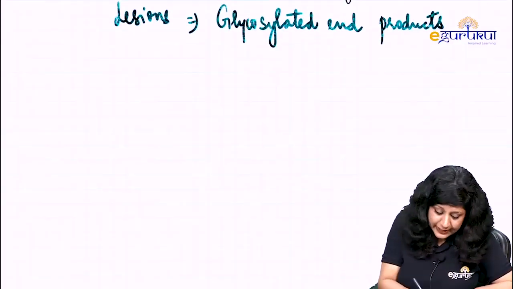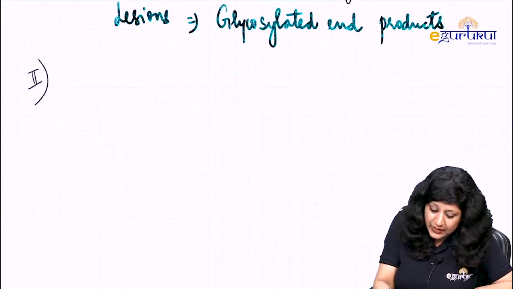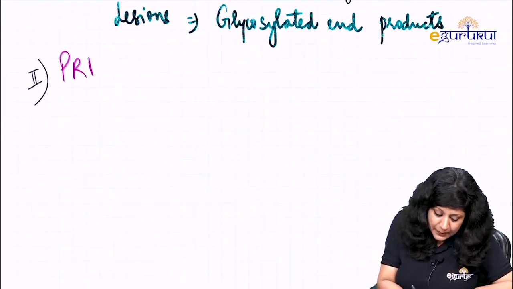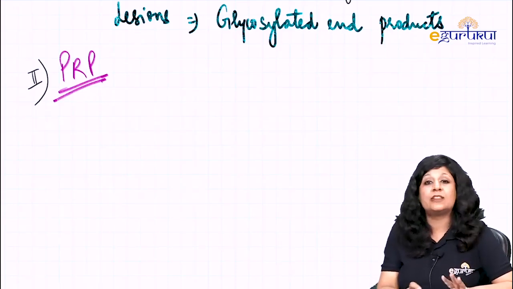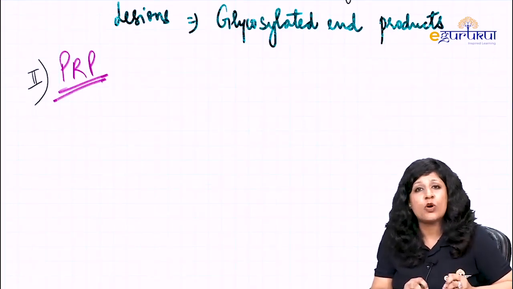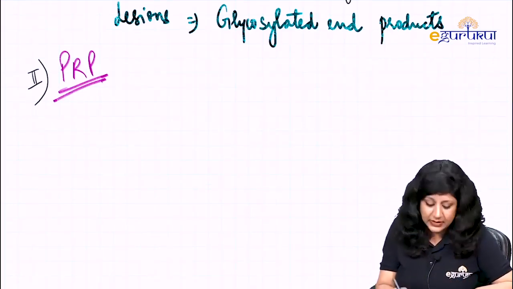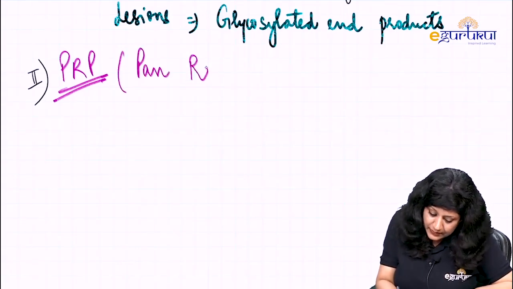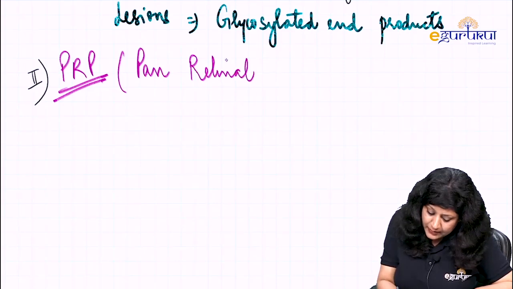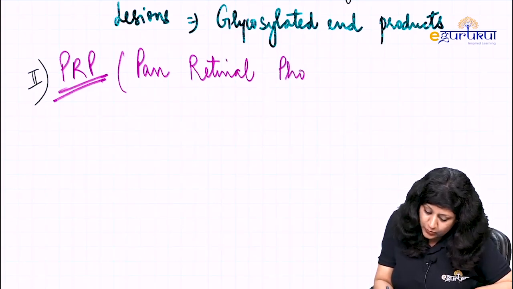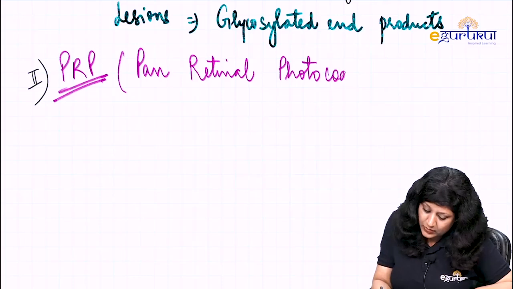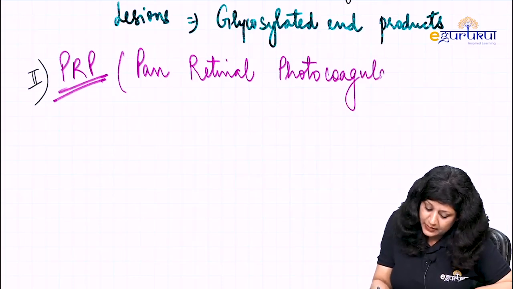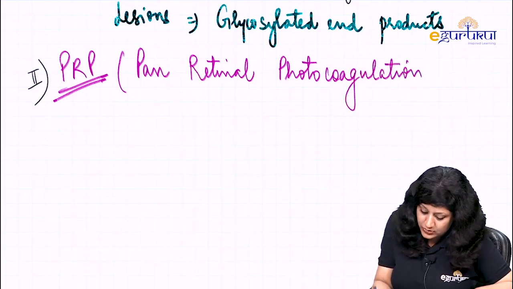Then, coming to the second thing, we can do PRP for the existing lesions, the lesions that have already formed in patients of diabetic retinopathy. For this we do pan-retinal photocoagulation.